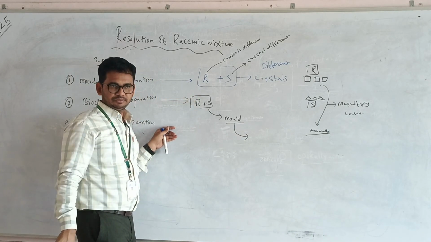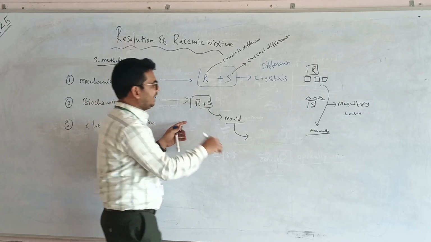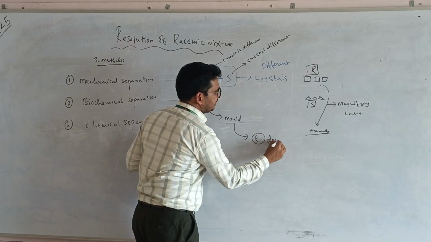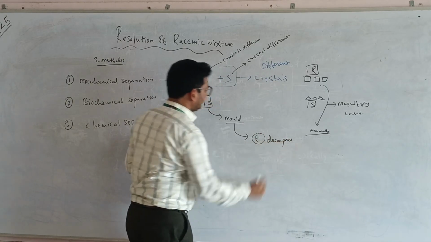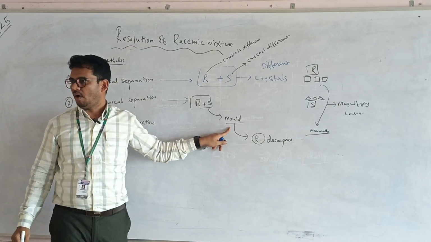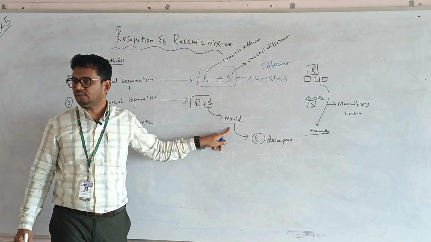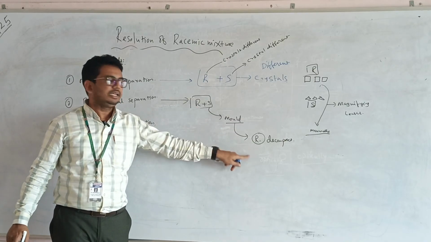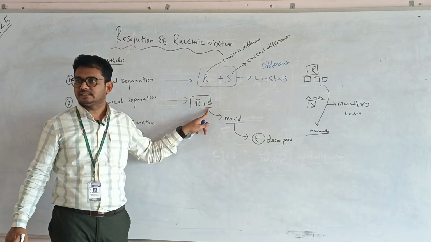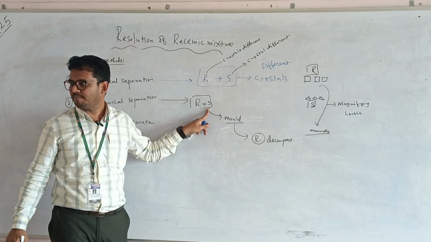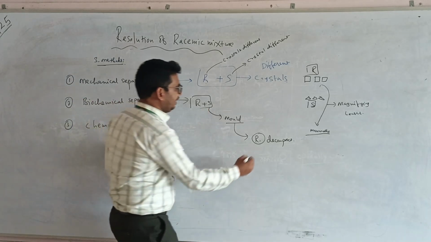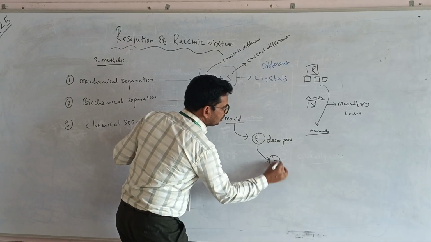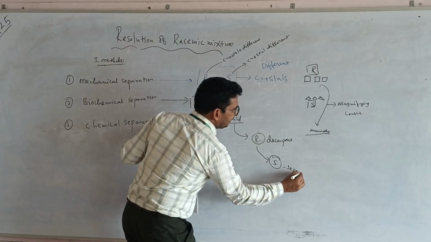For example, it decomposes the R enantiomer. It is attracted towards only one type of enantiomer and damages it, so the remaining enantiomer is unaffected. So R decomposes, and we separate the S enantiomer.